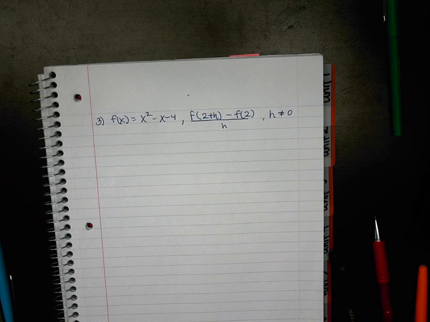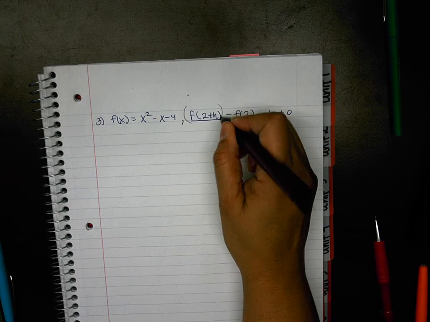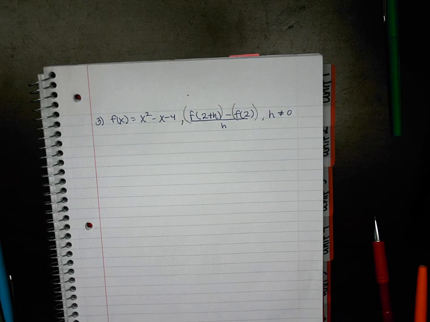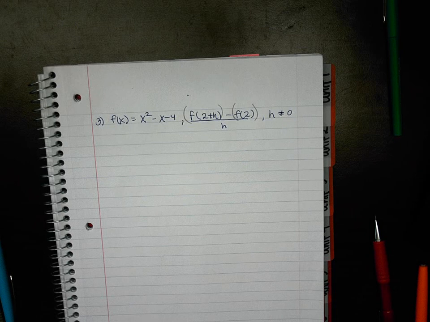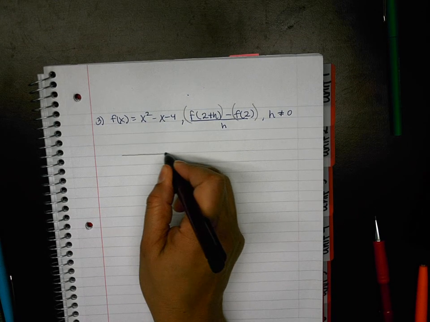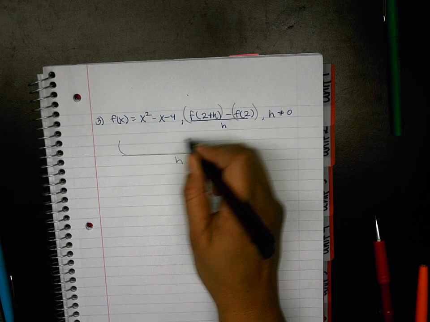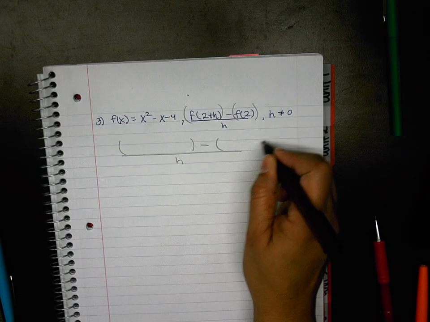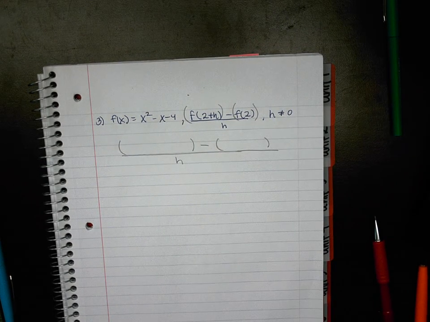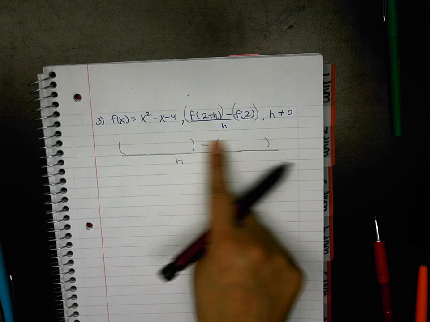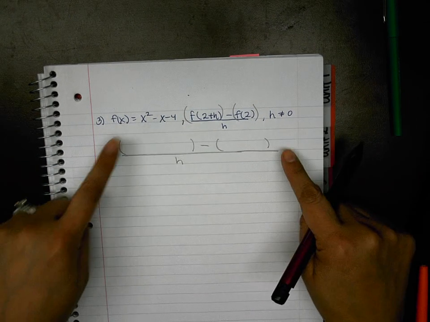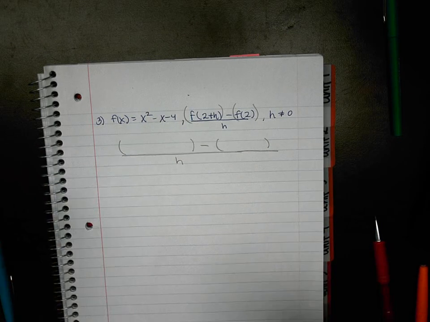Okay, so big exaggerated parentheses, that will not be in there. You have to add those yourself. Fraction, h, big exaggerated parentheses, minus big exaggerated parentheses. And then I set up the skeleton for this here is the difference quotient. We're kind of plugging things in all over the place.